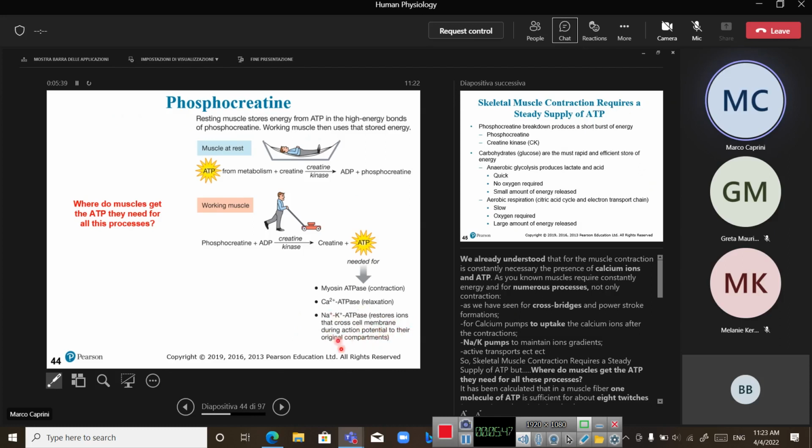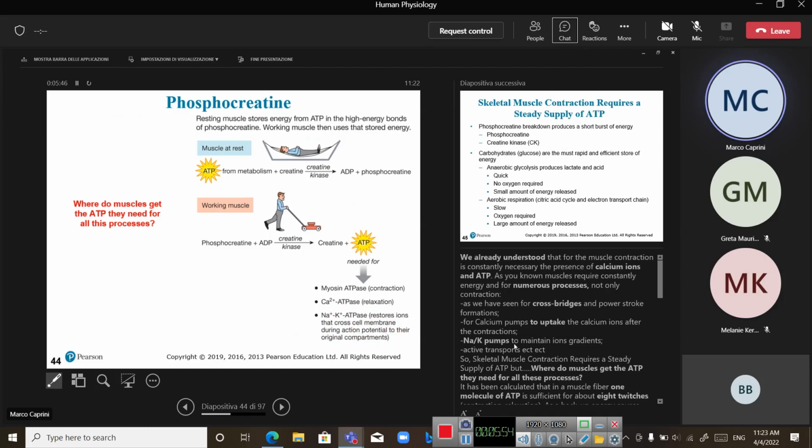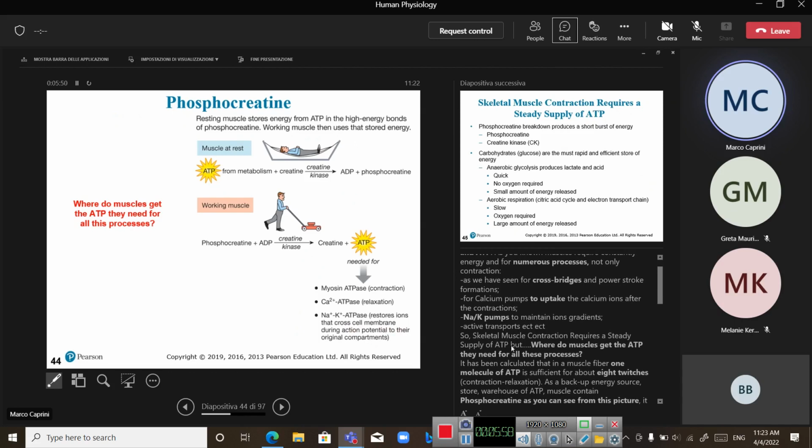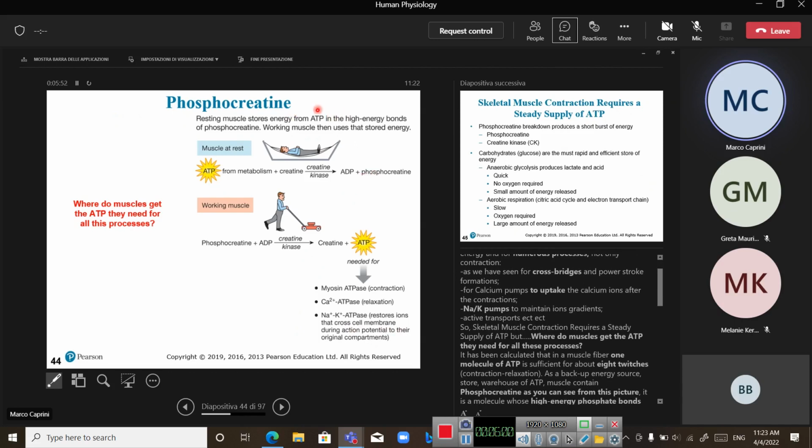And at the end, they maintain the electrochemical gradient. So the skeletal muscle always requires a steady state supply of ATP, okay? Like a store of ATP.